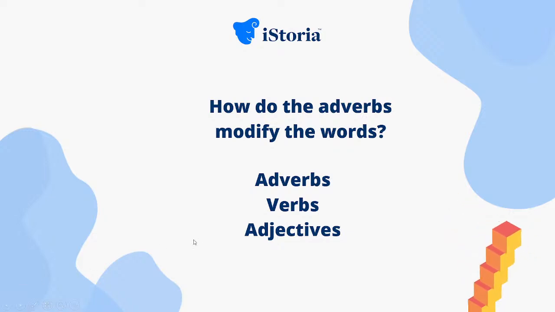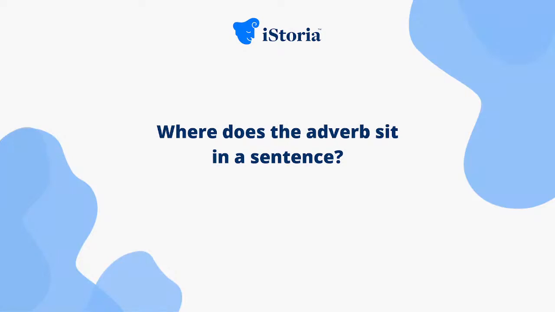So this is, guys, the idea of how adverbs modify each of these parts of speech. There is another idea: every adverb needs a chair, a place in a sentence. How does an adverb sit in a sentence? Every adverb sits in a specific place in the sentence structure, and it delivers a different meaning.